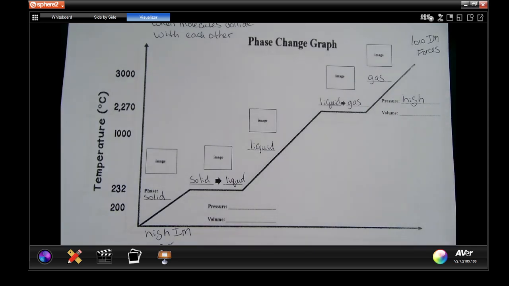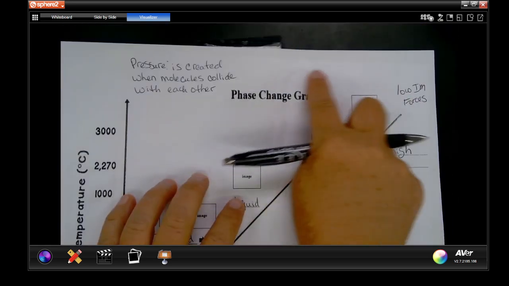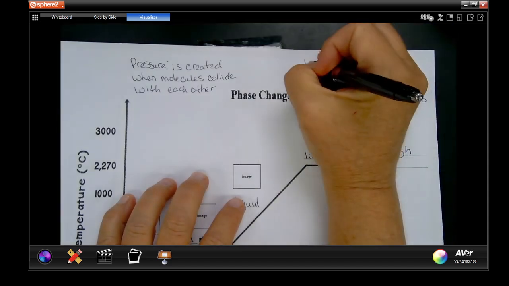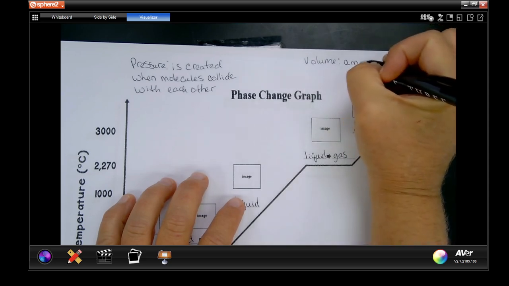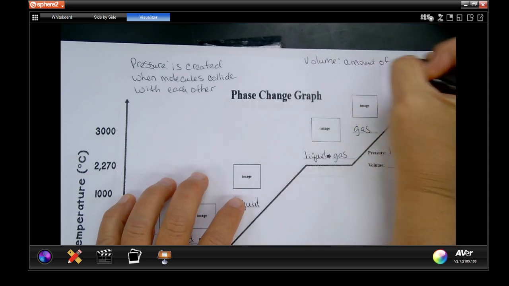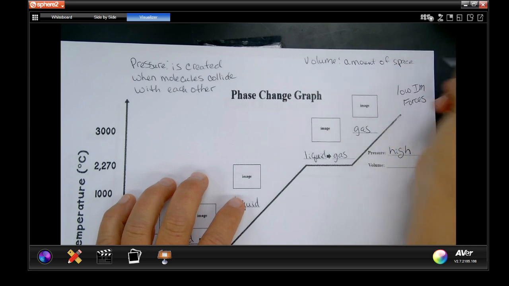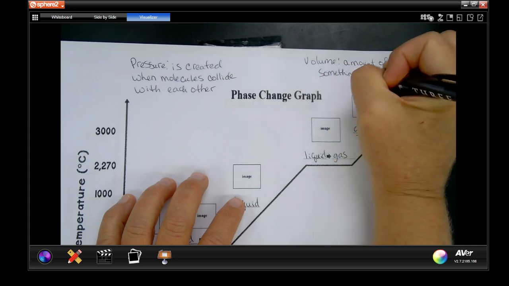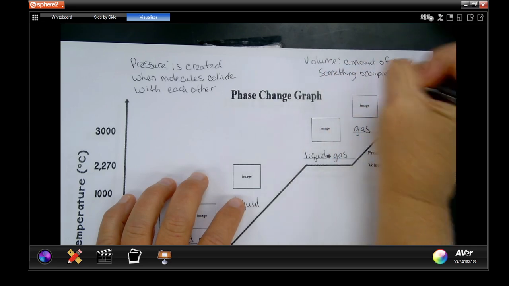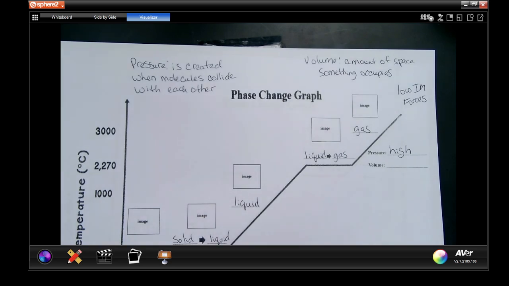Now, just like a balloon, when you increase the pressure, what happens to the volume of the balloon? Does it increase or decrease? It increases, because remember, we're going to write our definition of volume up here. Volume is the amount of space something occupies. So when you think about a balloon, before you blow it up and increase the pressure, it takes up a little bit of space in the world.